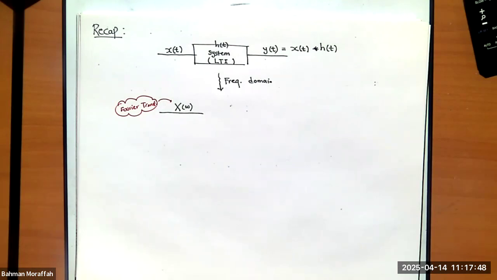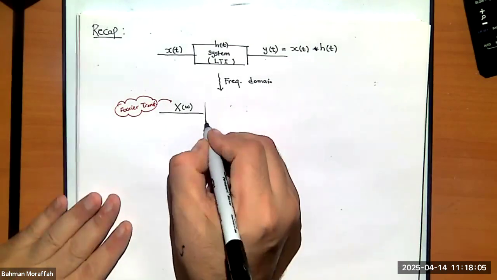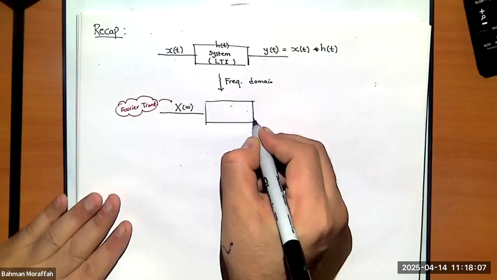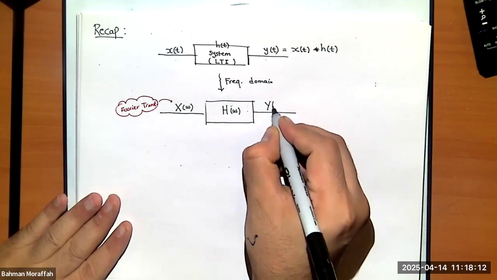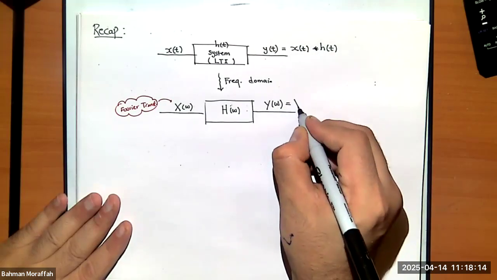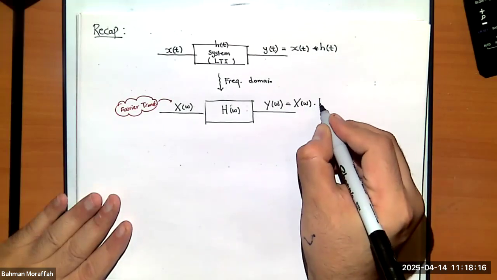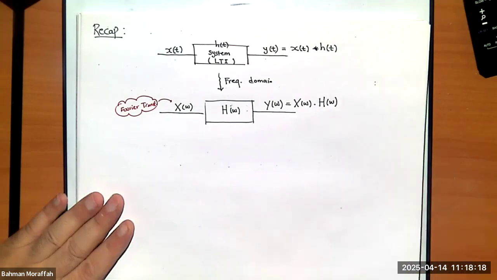With a circuit with sine waves, we knew exactly what it was. We had the phasor representation, right? And then the system was represented by H of omega. So Y of omega would be X of omega times H of omega.